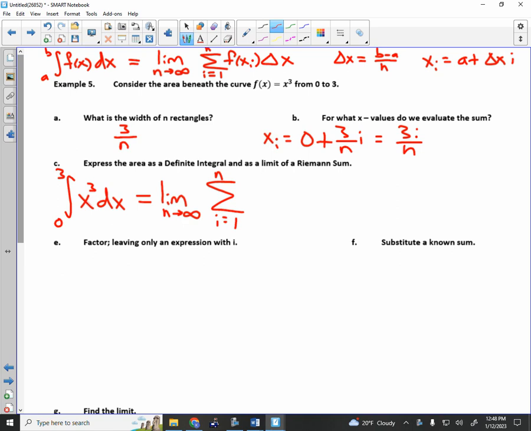This is the piece that you want to think about. It's f of x sub i. So what do I do with this x sub i thing? I plug it in for the function. So it becomes 3i over n cubed. So I plug that in, and then what is this? Times 3 over n.